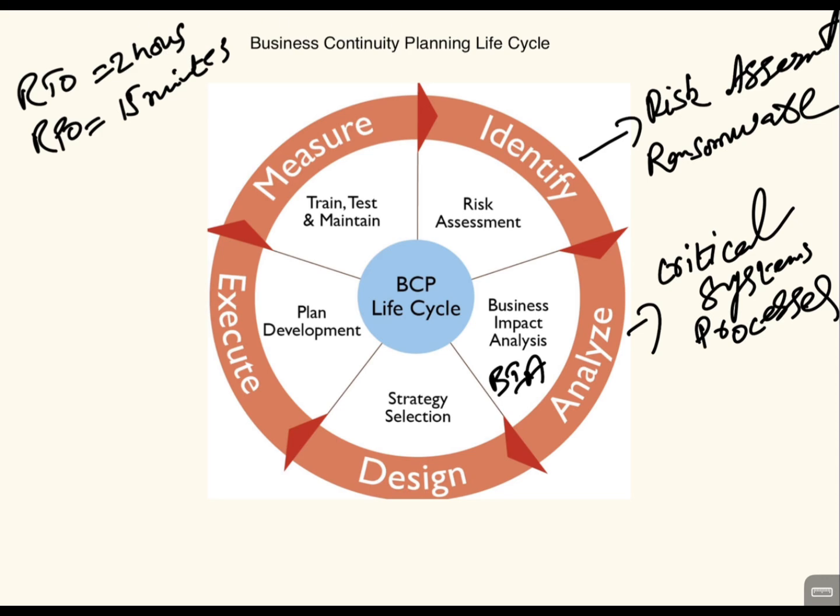So here we will also define RPO and RTO, and we need to determine the critical systems, the systems which are very crucial for us. We can also calculate financial loss and reputational damage if they are disrupted. Financial loss is not the only thing important for a company; reputational loss is also very important.